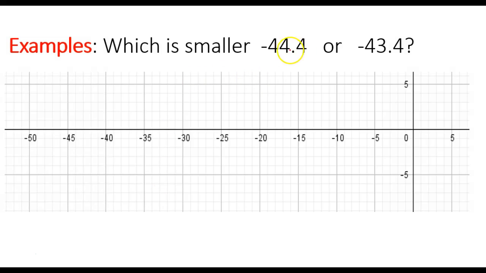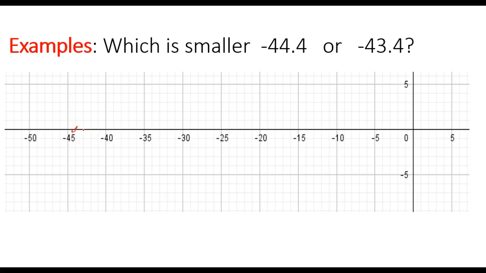Alright, which is smaller? Negative 44.4 or negative 43. Okay, both of them are negative. So we're going to go from 0 to negative 5, 10, 15, 20, 40. So it's between negative 40 and negative 45. And if you notice, negative 44.4 is closer to negative 45.